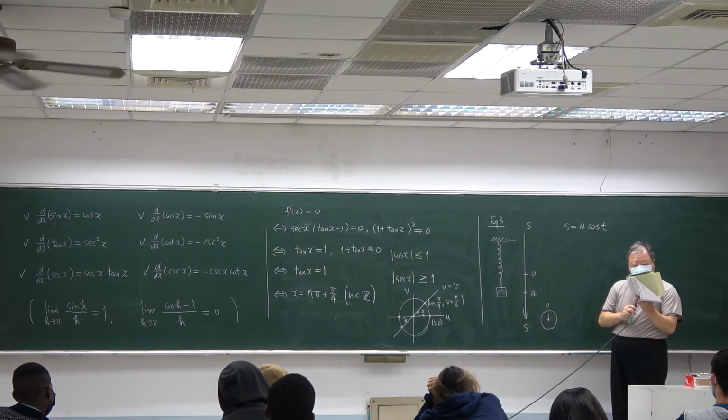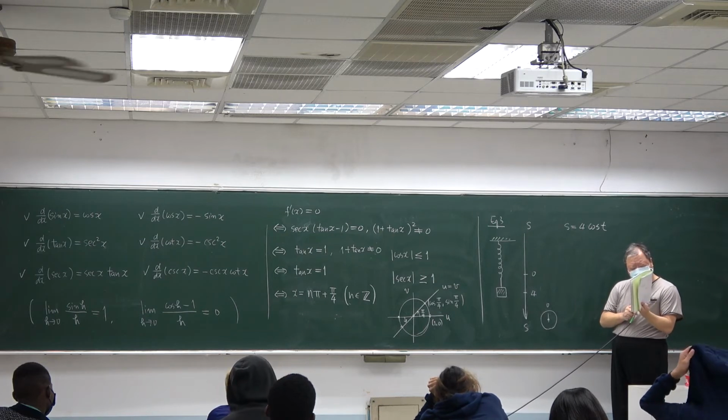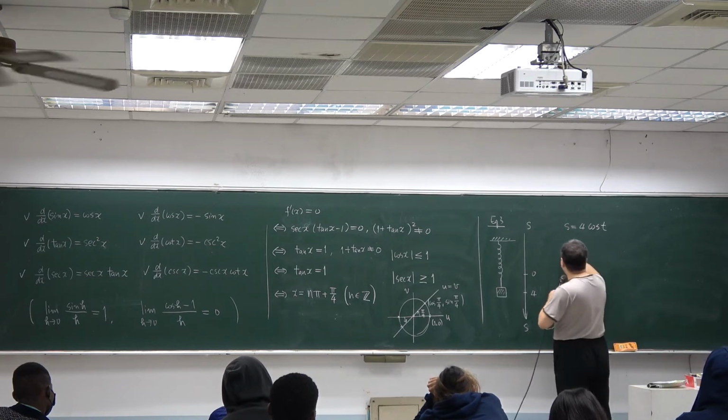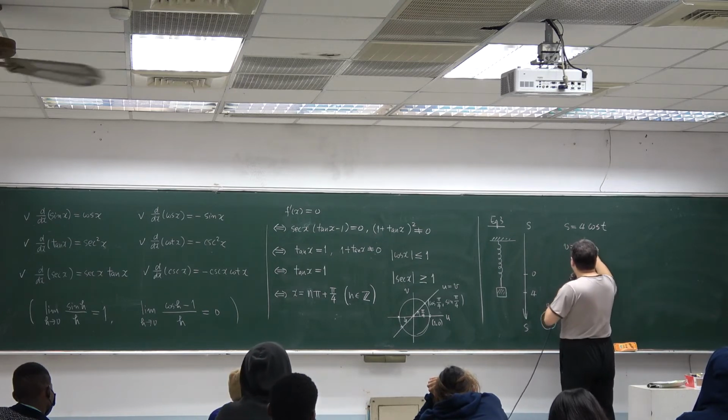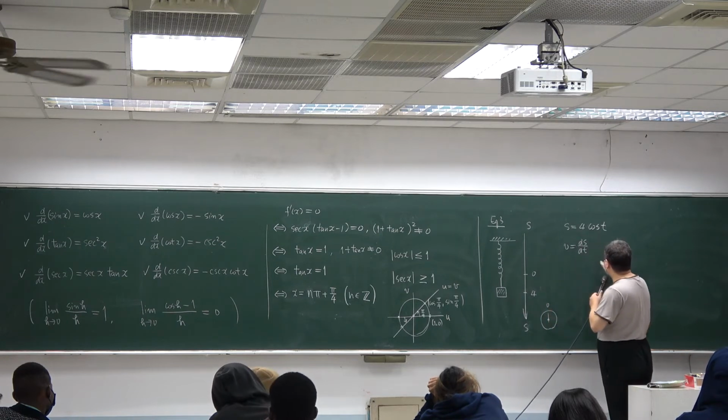Find the velocity and acceleration at time t and use them to analyze the motion of the object. Velocity, by definition, is the derivative of s with respect to time t.